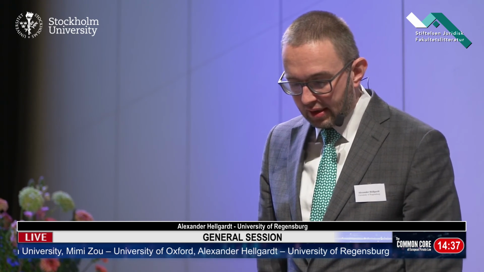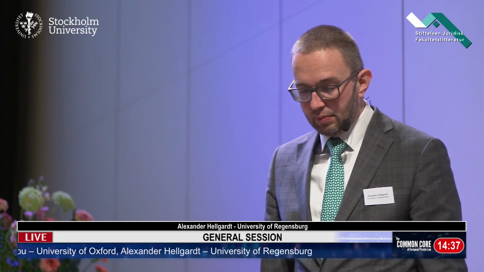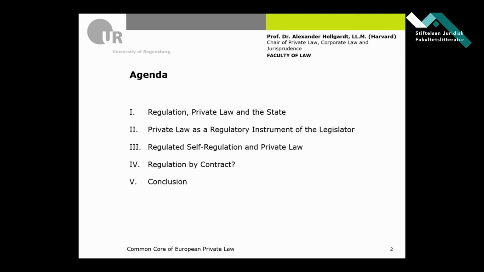The relationship between private law and regulation has many facets. Therefore, I would like to start by exploring the terminology and underlying concepts a bit more closely. Subsequently, I will analyze different types of regulation by means of private law. First, the regulatory use of private law by the state.